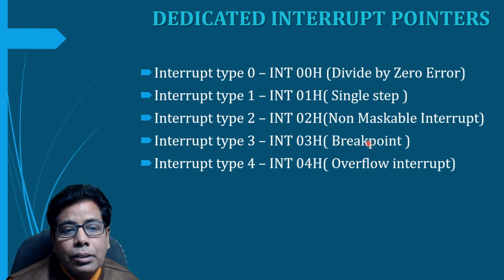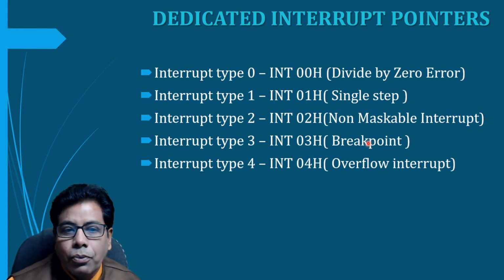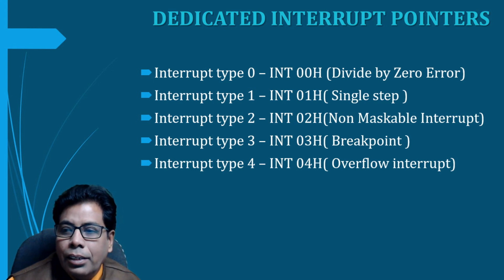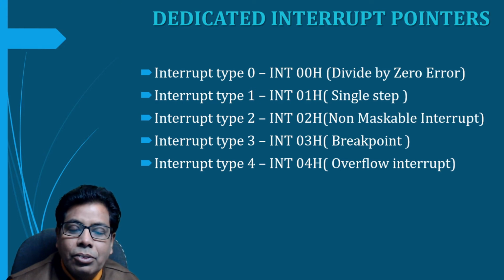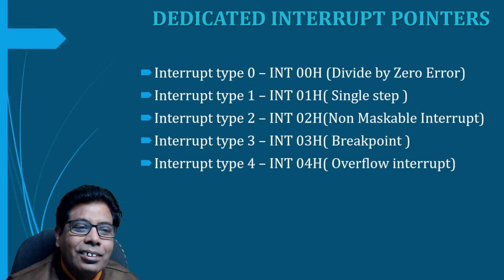Then we have type 4, that is the overflow interrupt. So whenever the overflow flag OF is set, if a signed arithmetic operation generates a result whose size is larger than the size of the destination register or memory, at that time the overflow flag is set. We already discussed the flags in the previous video.